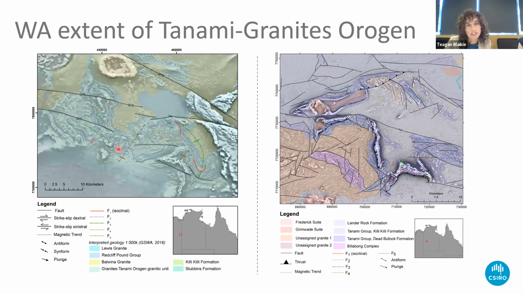And then the major architecture again is overprinted by these very long wavelength northeast striking, northeast plunging F5 folds. And then the final deformation event characterized by significant strike slip displacement along northwest-southeast striking strike slip faults. So you see the same structural framework both on the WA side and in the Northern Territory side.